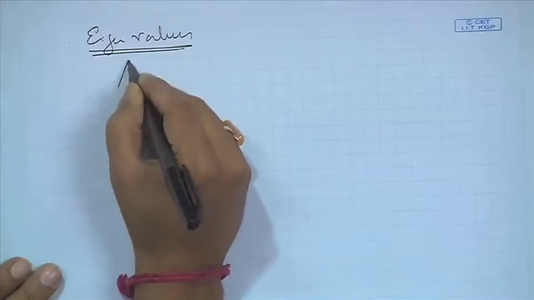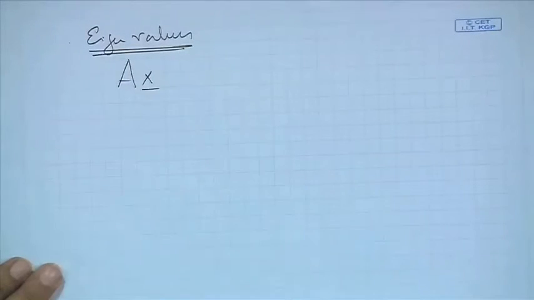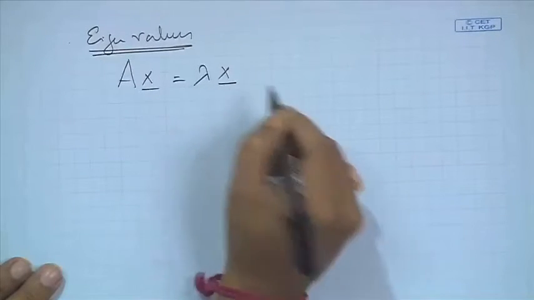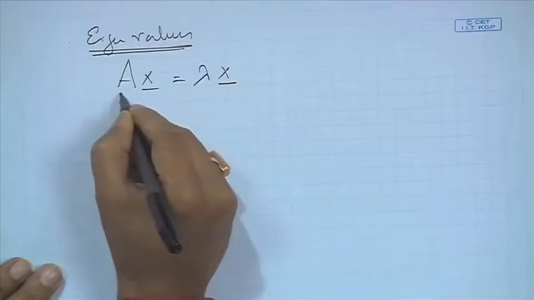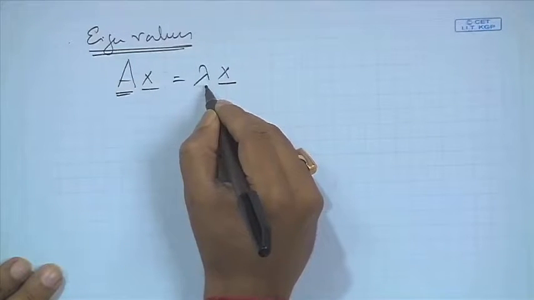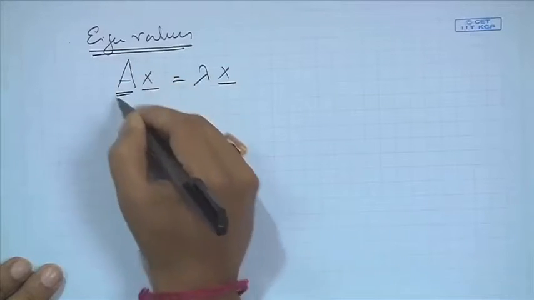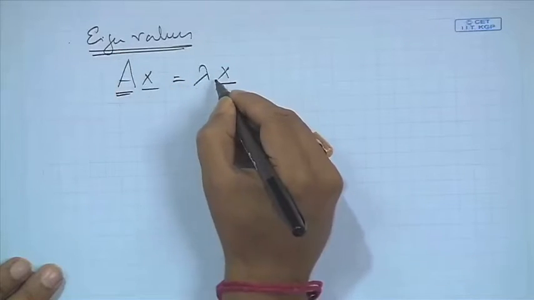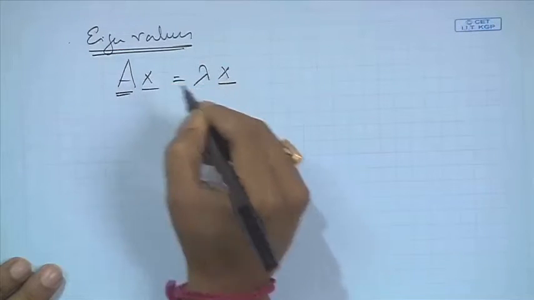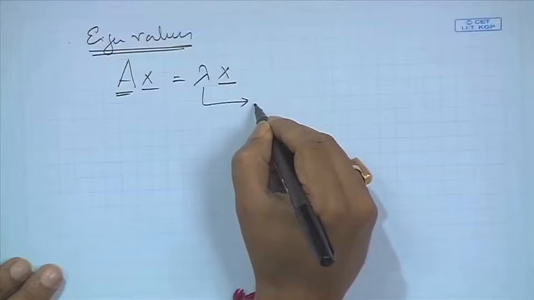If I have a matrix A and I multiply it with the vector, which is known as the eigenvector, I get the vector back itself along with the eigenvalue. So this eigenvalue tells us whether, by this operation of the matrix, the vector has remained the same.